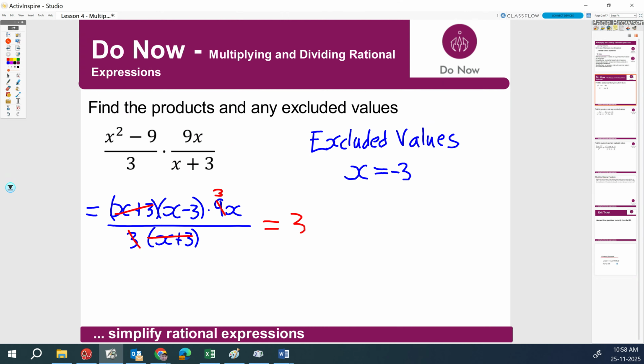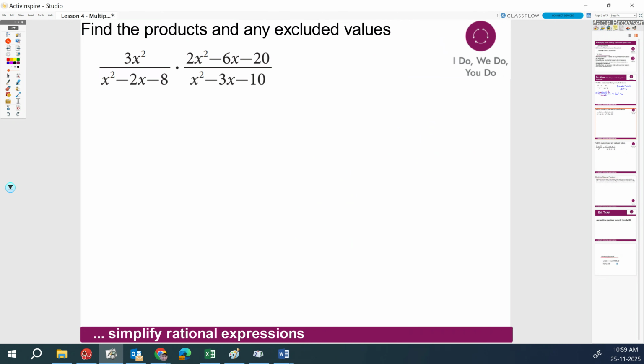That's going to leave us with 3x squared minus 9x. Alright, have a go at this question now.